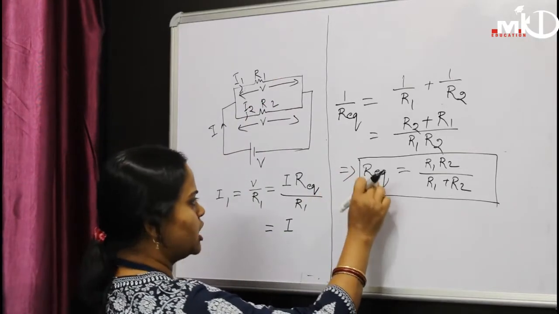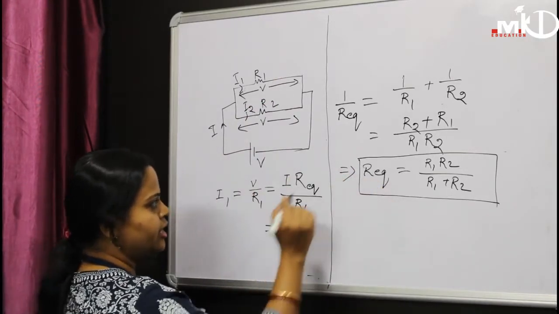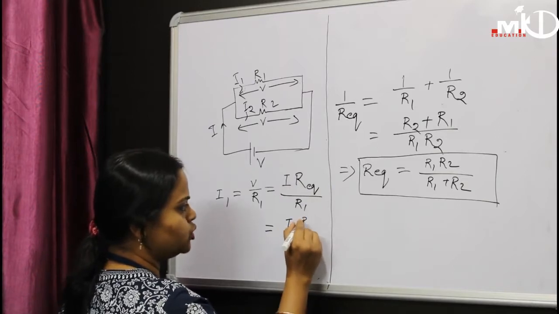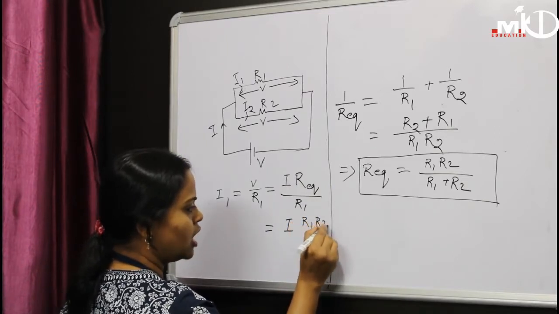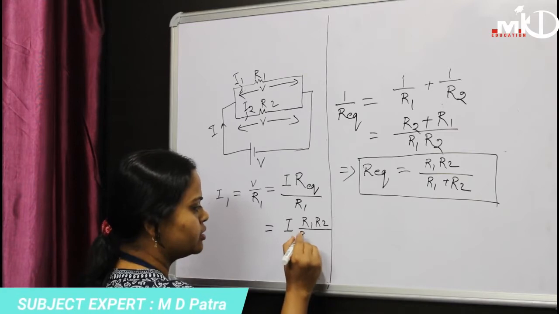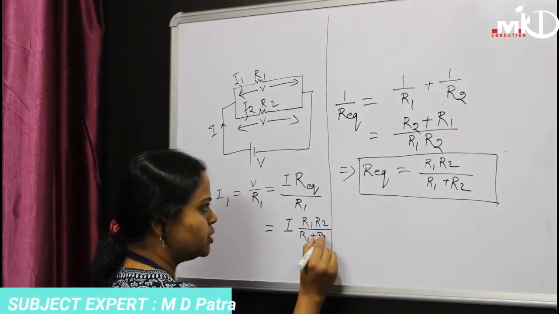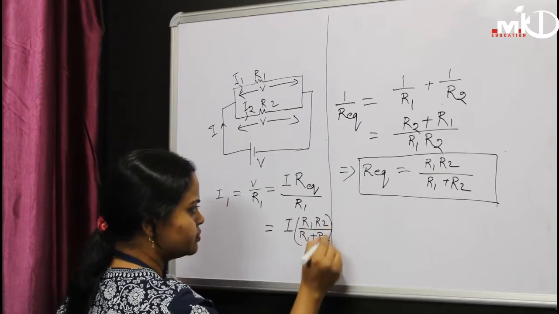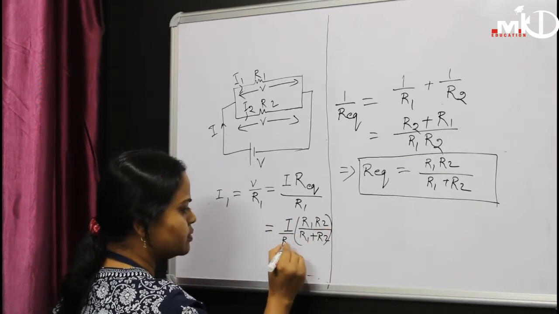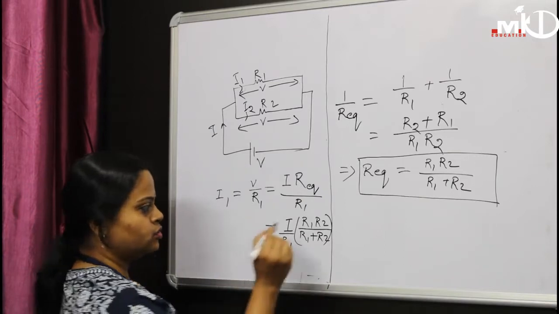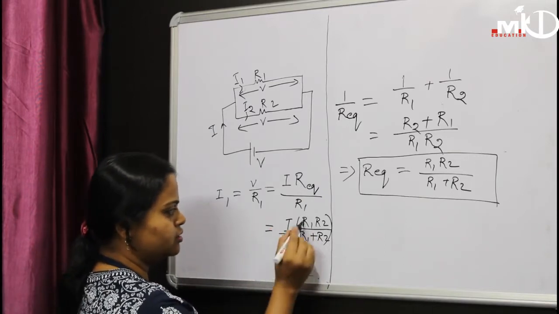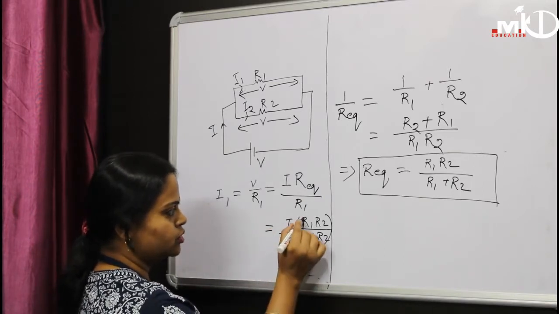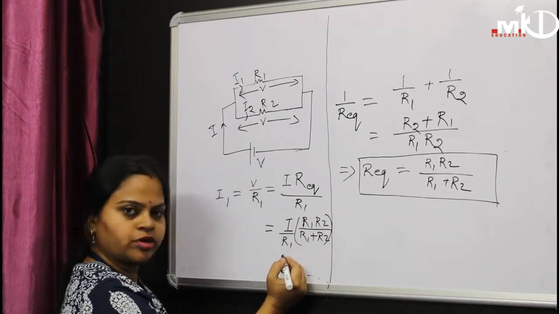So I put this value here. I into R equivalent means I into R1 R2 divided by R1 plus R2, then divided by R1. Now we have R1 in the numerator, and in the denominator we also have R1.